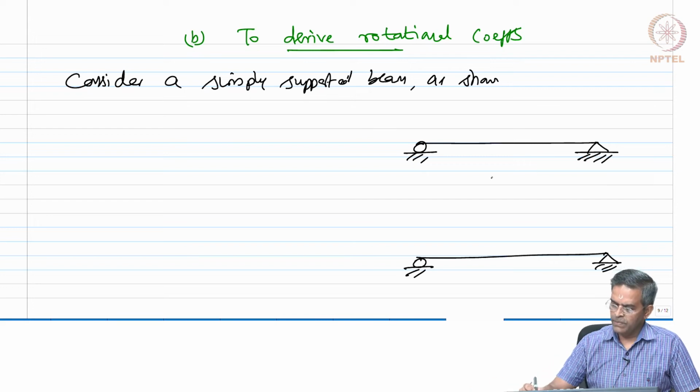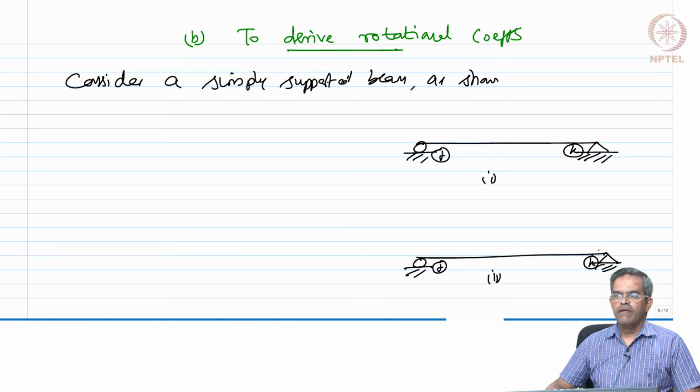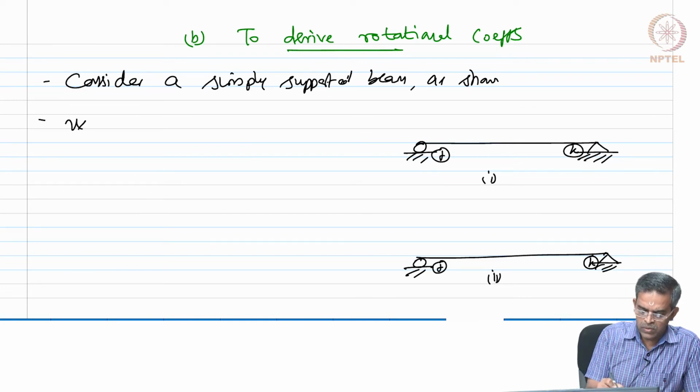In one figure, we will give unit rotation at jth end. This is my jth end, this is my kth end, is it not? We will give unit rotation. So, I am going to now use flexibility coefficients.